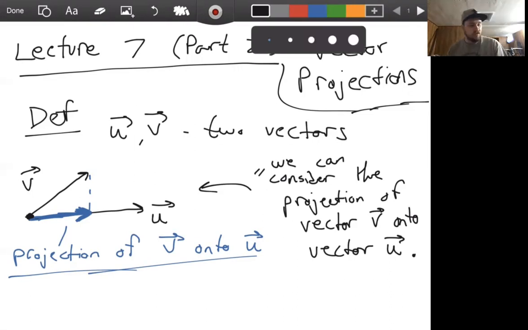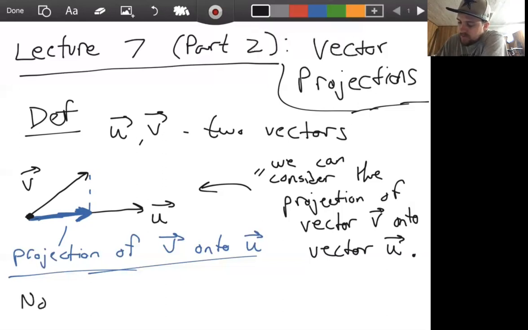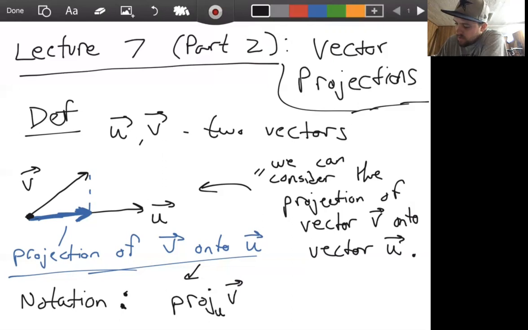And we can actually derive this formula using our notions, starting with magnitude. What would the magnitude of this be? And first, let me talk about some notation. We say the projection of v onto u, and we put the u as a subscript here.